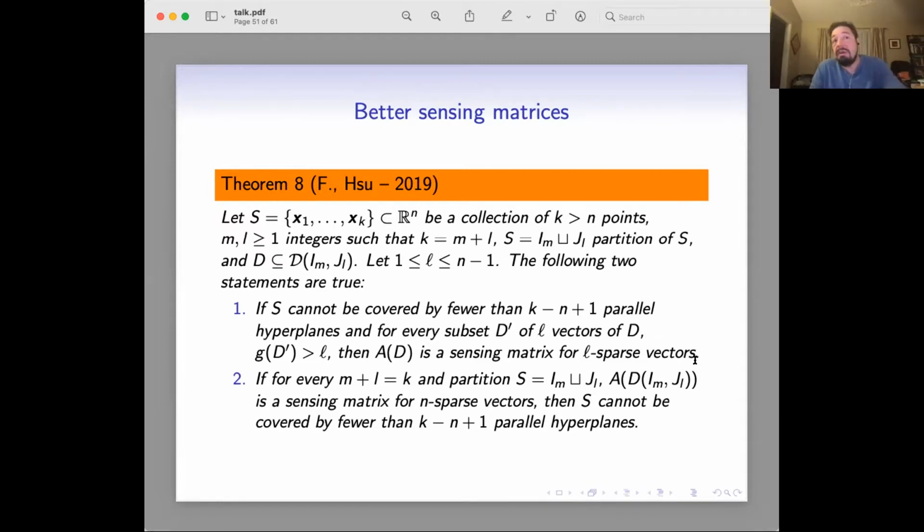Okay, so this theorem is true for any set S of K points. Now, let's see.